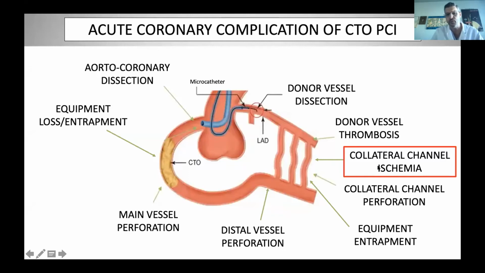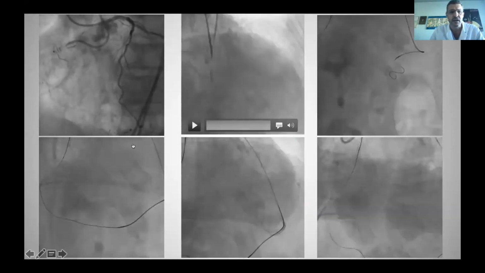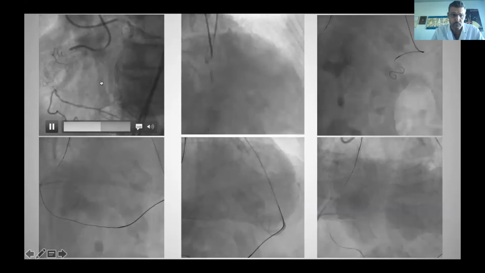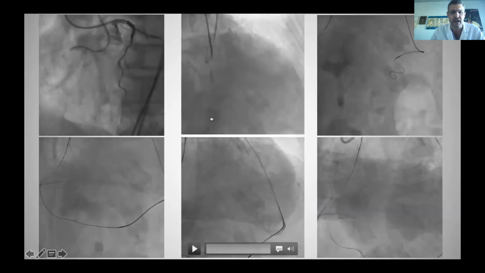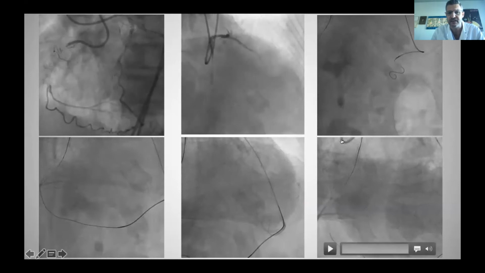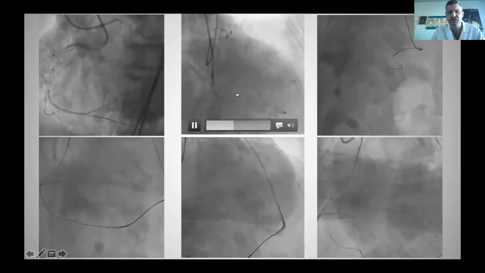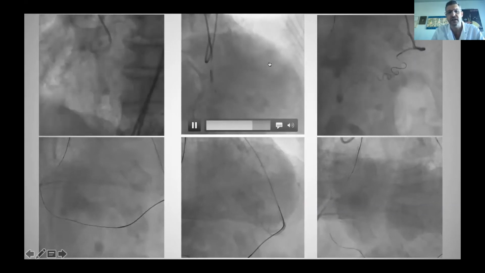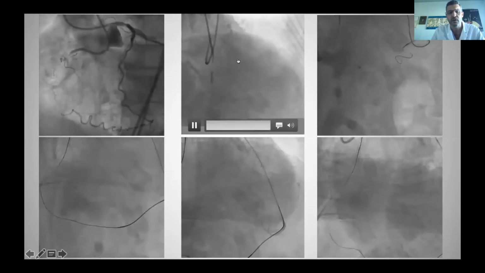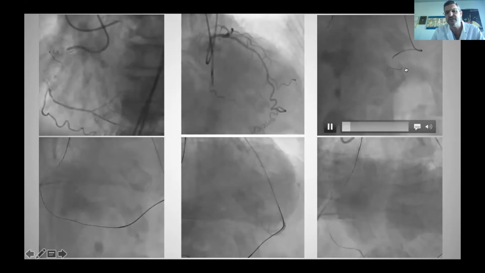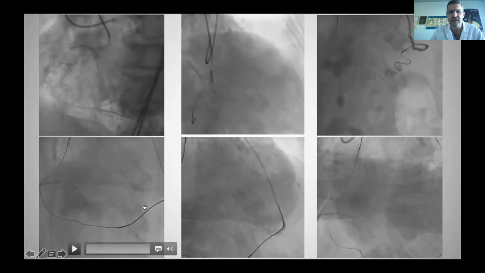Of course, if you go retrogradely, you can also have another complication, which is collateral channel ischemia. You can see this RCA CTO with this big and tortuous epicardial collateral channel. After checking for a connection from the septals, there was no way to go through the septals, so we decided to go through this epicardial collateral channel.